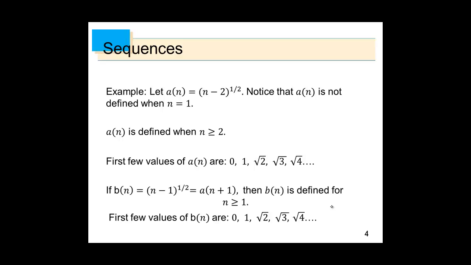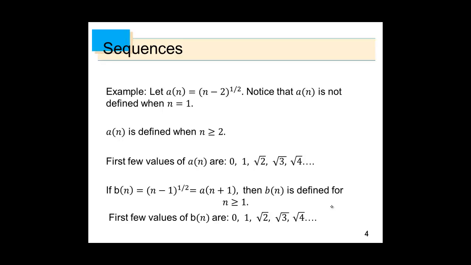In fact, if you have a function where n starts at a negative integer, that's still a sequence. If it starts at 0, still a sequence. If it starts at 4, still a sequence. You can always change the formula so that you start at 1.